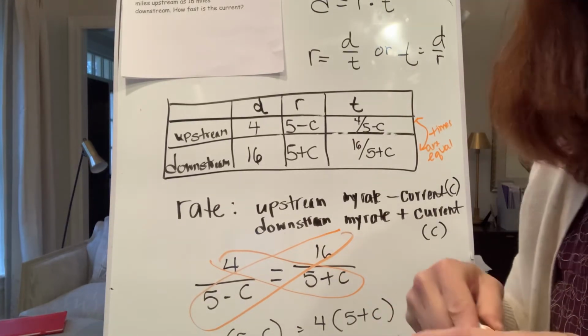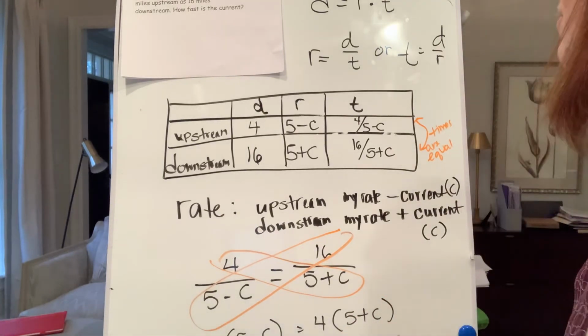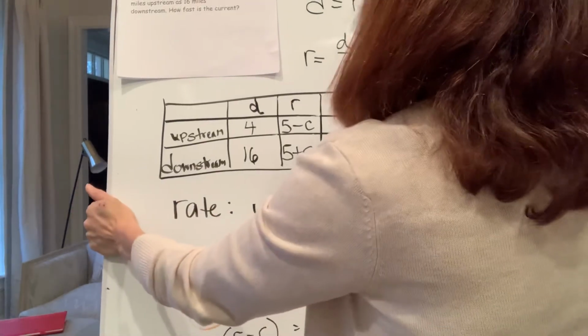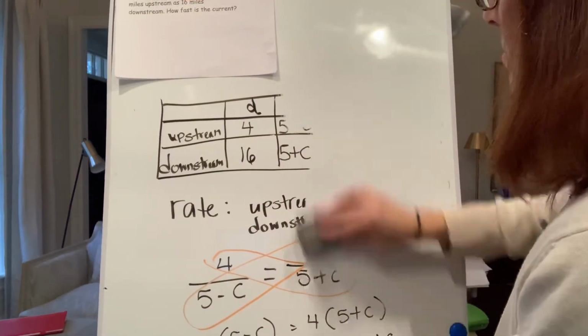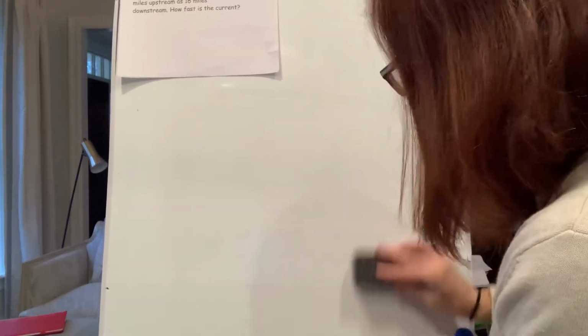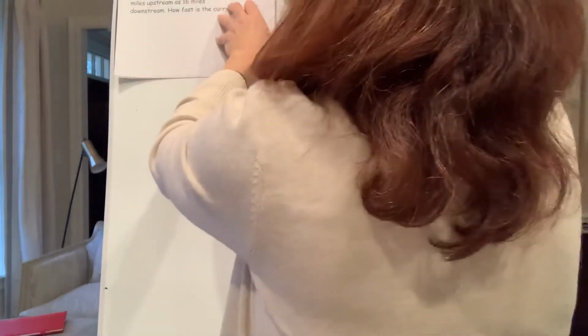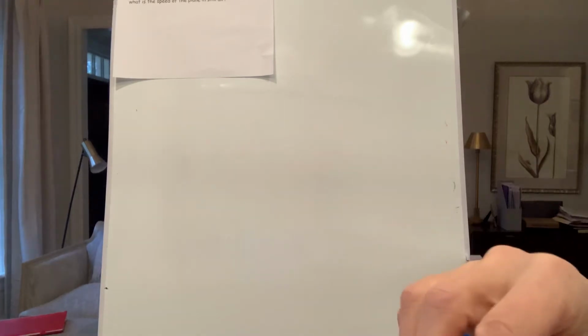You'll see this kind of problem applied with planes. Planes can have tailwinds and headwinds. A tailwind is a wind that comes from the tail of the plane. So a tailwind helps you.